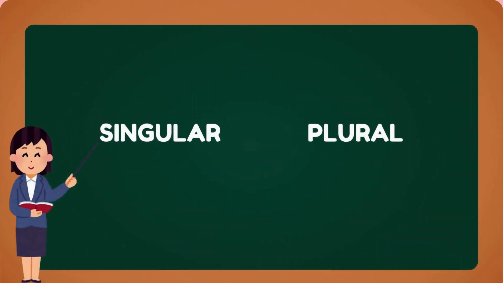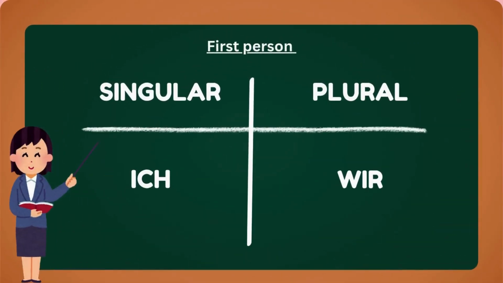Pronouns in German can be singular or plural, depending on whether you're talking about one person or thing or more than one. Let's take a closer look at how they change. There can be a singular and a plural form of the pronouns of all the persons. Let's start with the first person. Ich is the singular form and wir is the plural form.